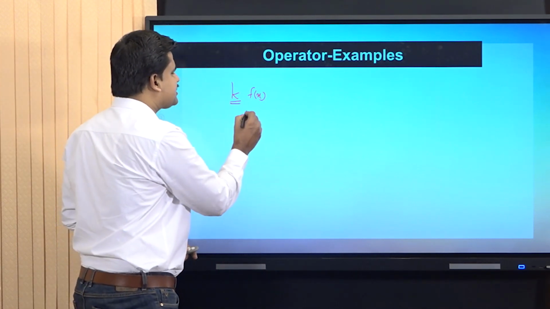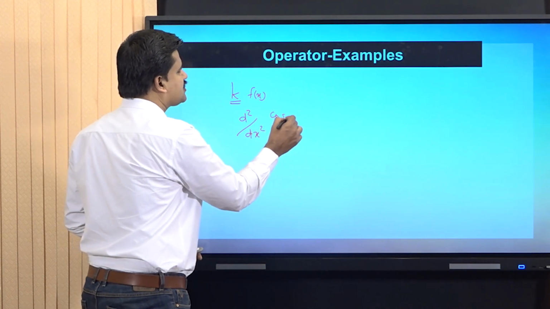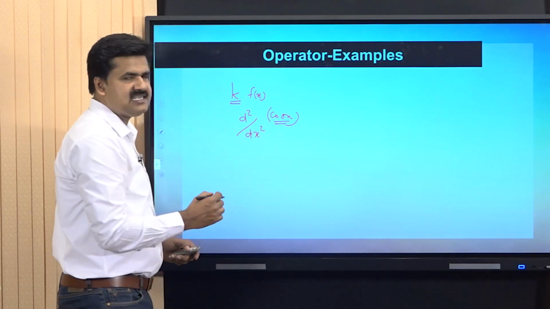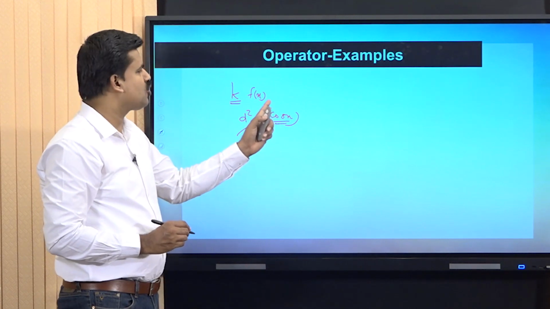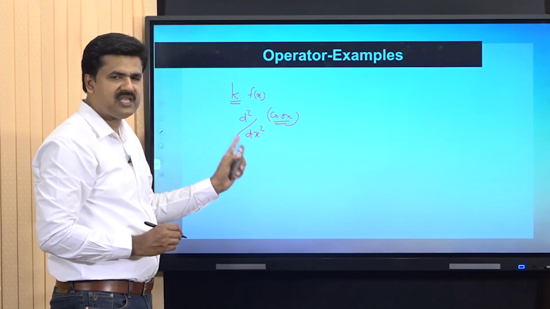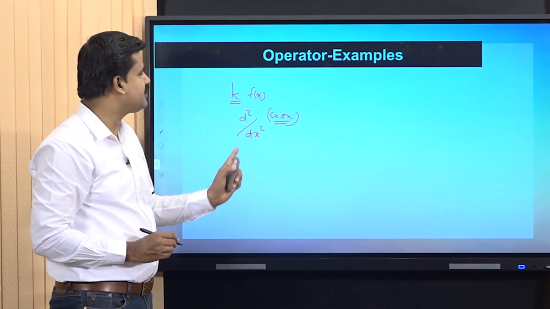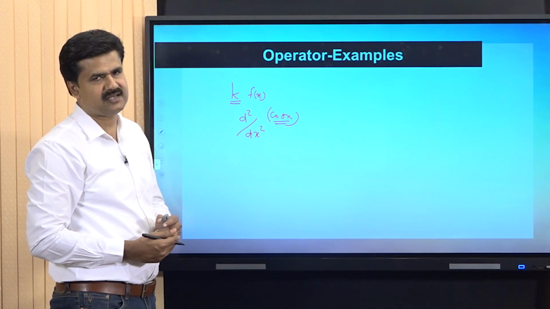Another operator is d square by dx square of cos x. Here cos x is the operand. I am going to differentiate cos x with respect to x twice. That is the indication I got from this operator d square by dx square.